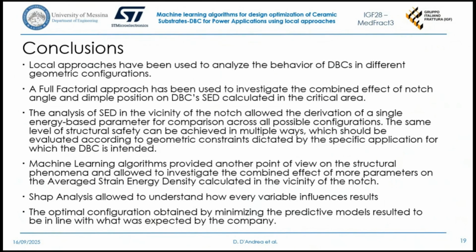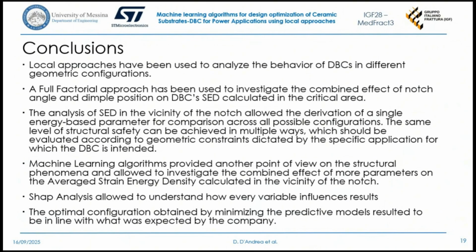In conclusion, I'll make a short summary about what was done. We applied the local approach to investigate different geometrical combinations. We investigated the problem both in full factorial, so investigating all the possible combinations, and with a statistic approach.